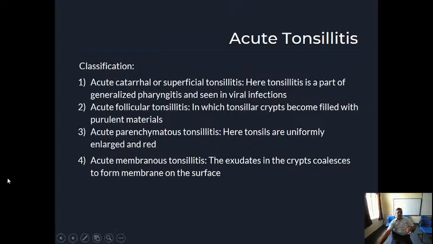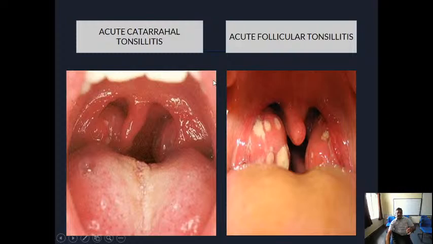Now, they are either acute catarrhal, which is superficial tonsillitis, just the superficial infection of the tonsil.